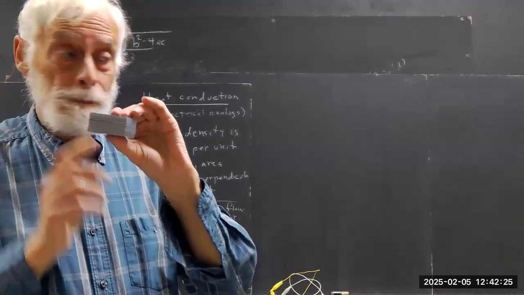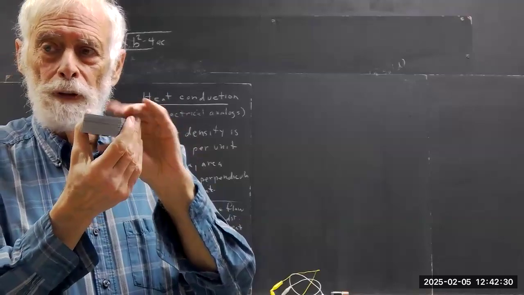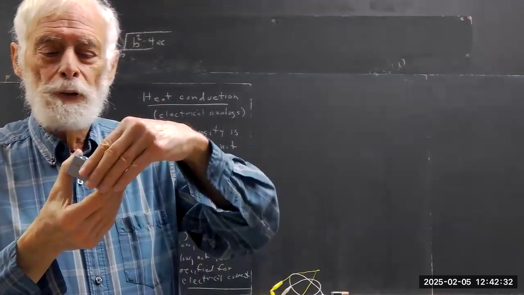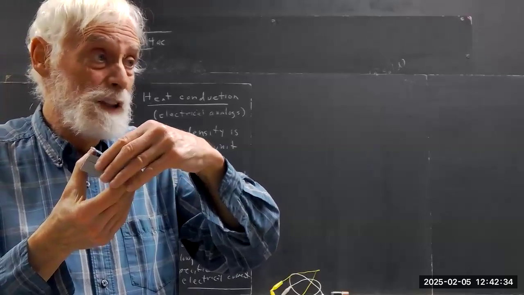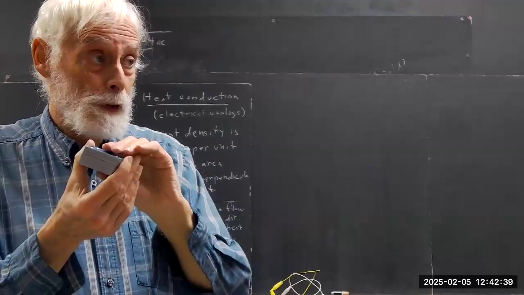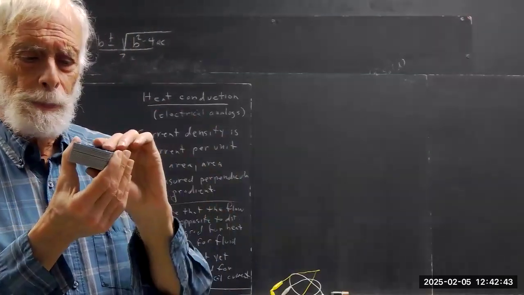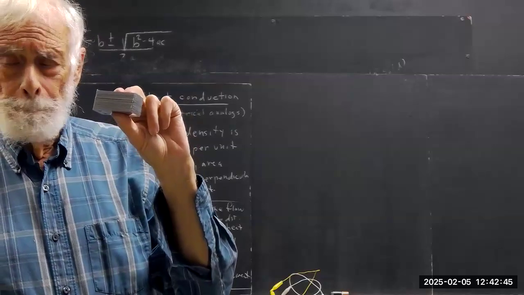That's our temperature gradient. That causes heat to flow. And we did find that the temperatures of these plates, as we measured them, gave us a very linear graph. So that's confirmation that we had a constant temperature gradient.